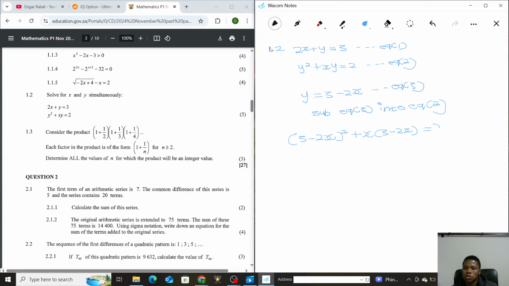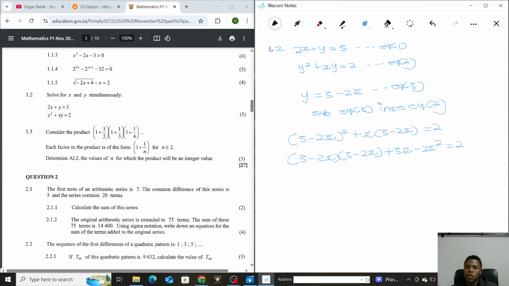Because this is squared, I'm going to expand this. Therefore, I'll have (3 minus 2x)(3 minus 2x) plus, I know that 3 times x will be 3x and x times minus 2x will be minus 2x squared, equal to 2.